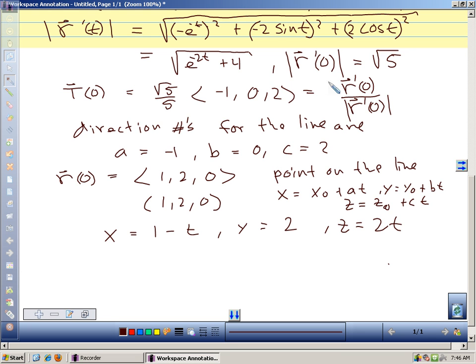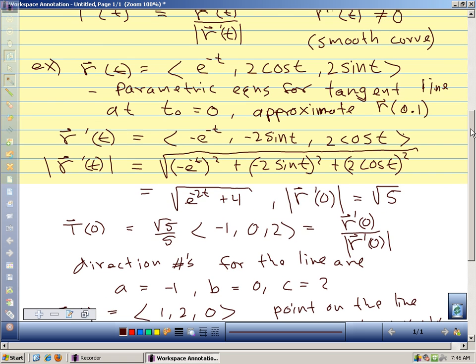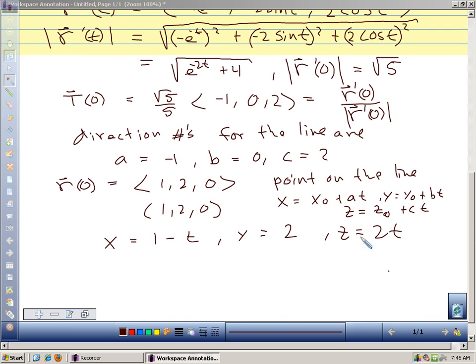All right, and then we want to approximate r of 0.1. So instead of plugging 0.1 into my function for r of t, I'm going to use the equation for the tangent line to approximate r of 0.1. So r of 0.1 is approximately 0.9, 2, 0.2.